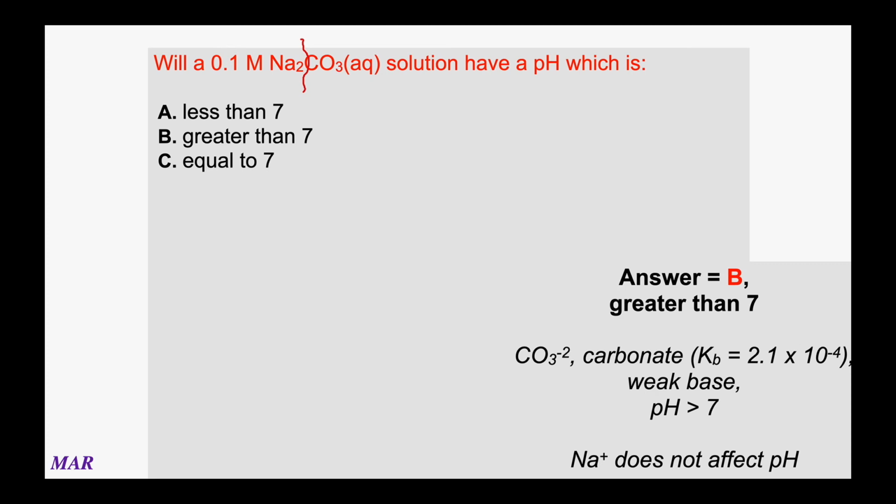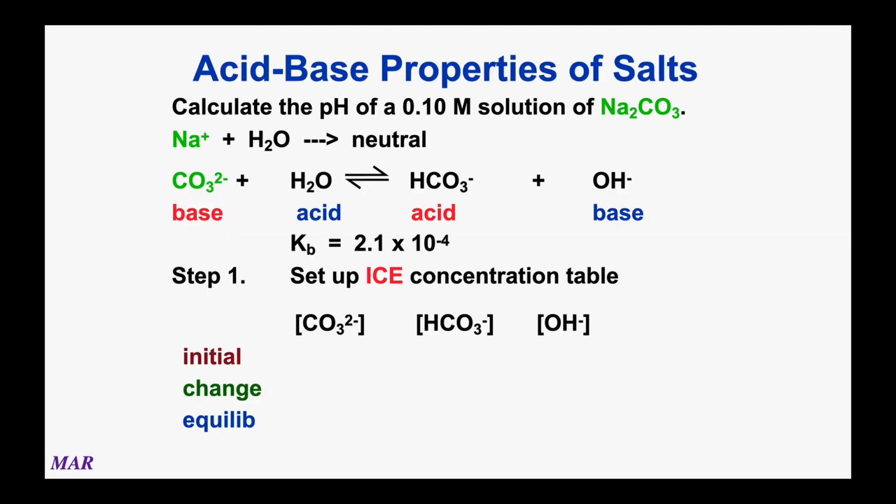That's not going to affect pH, but carbonate was not one. So then you can look at a table. You'll see that it has a Kb. B means basic. That means the pH will be greater than 7. You can calculate the pH of these solutions just as well as anything. So sodium carbonate here does have the sodium, which doesn't affect the pH, but carbonate does. Carbonate is a base.